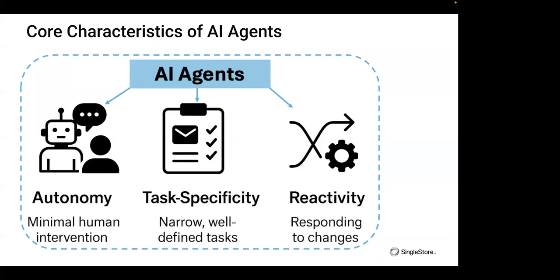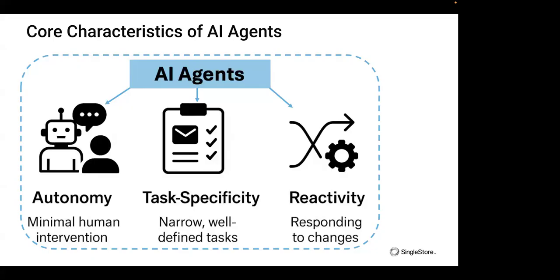So these are the core characteristics of an AI agent. Basically, the autonomy, right? Minimal human intervention. That's what AI agents are all about: agency and autonomy, specificity, narrow, well-defined tasks, and reactivity, responding to changes.